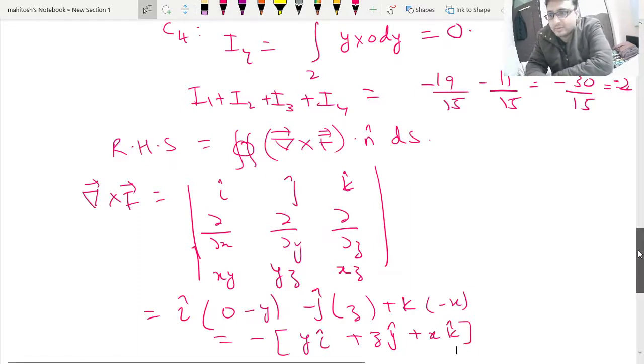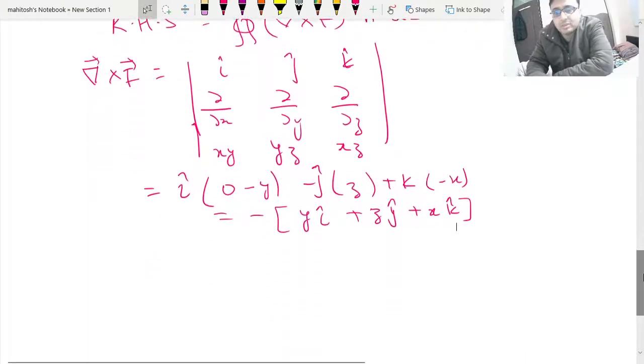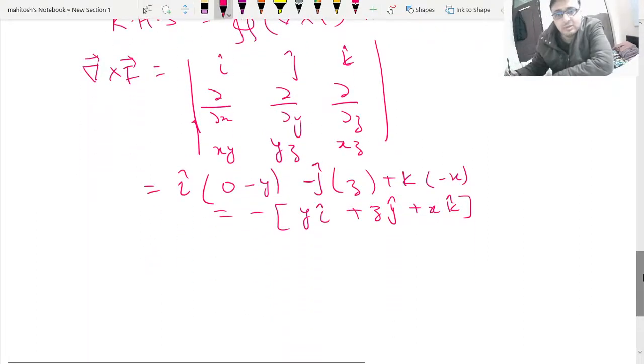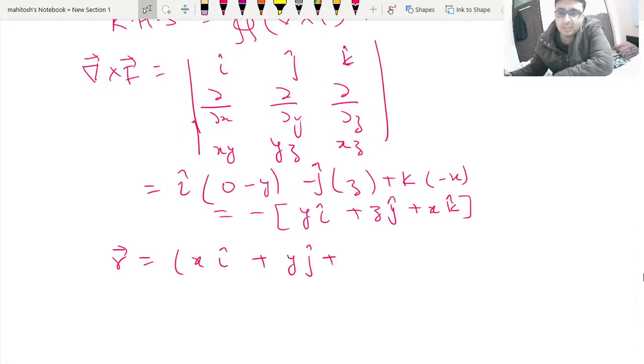Now I will always try to do this question in a very normal fashion. So I will parameterize this equation like this: x i cap plus y j cap plus z. Z can be written as 1 minus x squared. This is the cylinder. Now I will find the n cap.